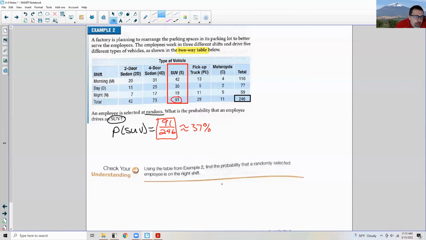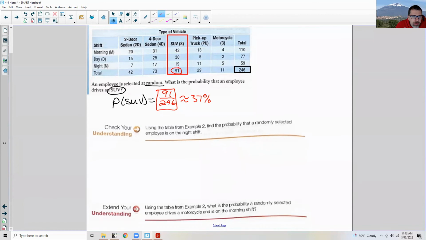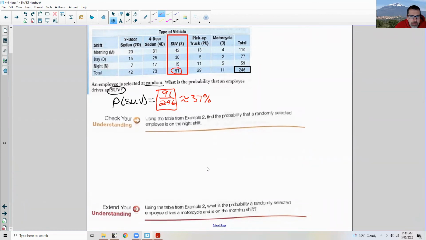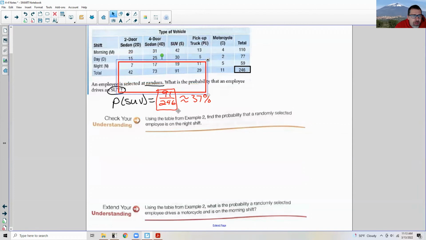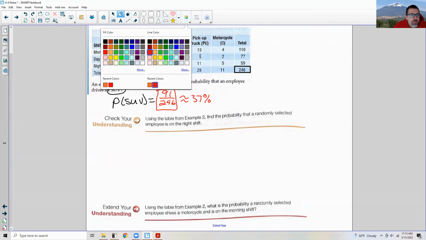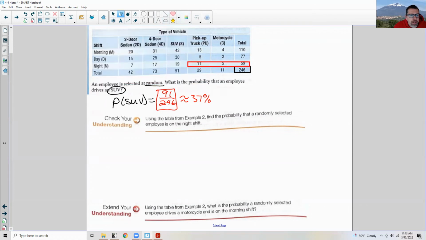Okay, check your understanding. It says using the table from example 2, find the probability that a randomly selected employee is on the night shift. Okay, so let me erase this. A randomly selected employee is on the night shift. So now I want to change my selection here to the night shift. So there's the values we're going to be looking at here. This isn't cooperating. All right, so let me just do this over. Square, red's fine. And I want this night shift. Okay, close enough.